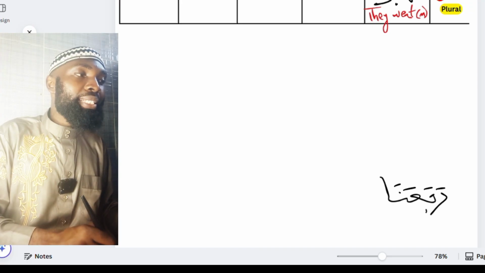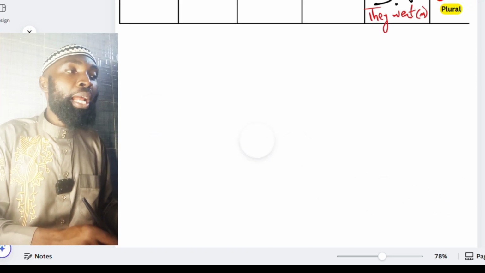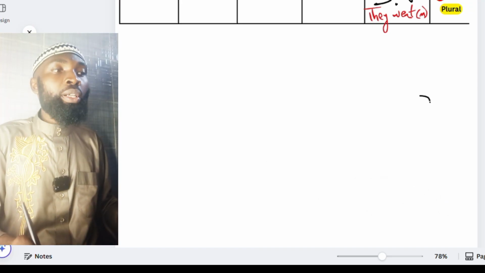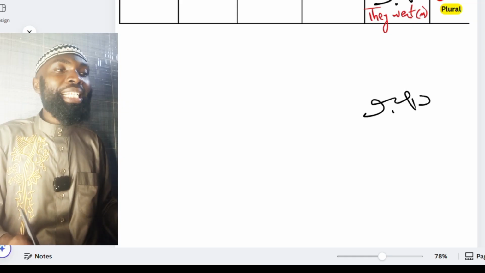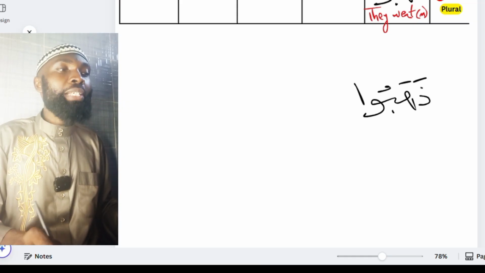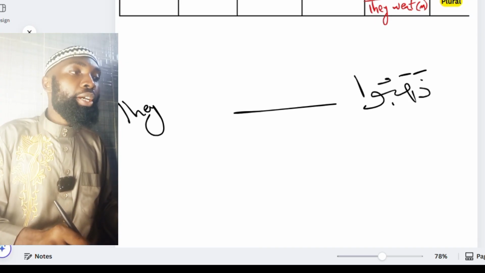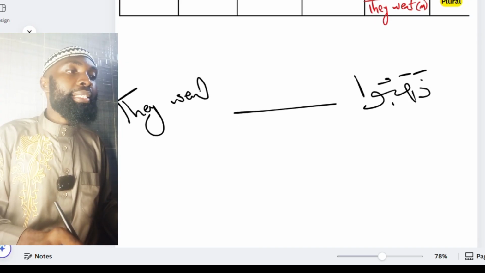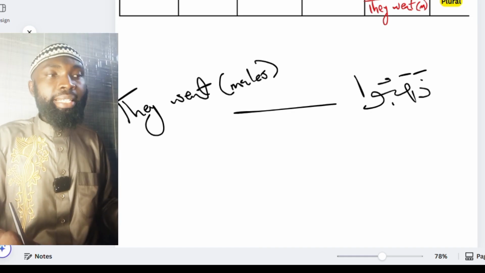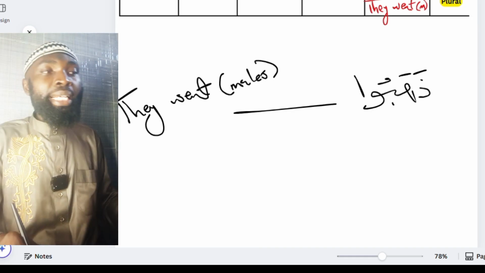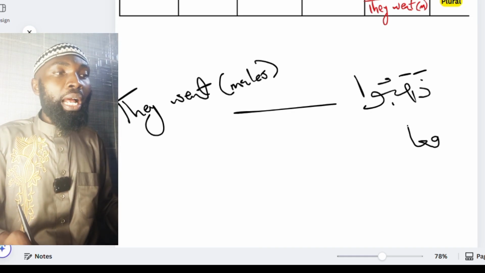Let's look at verbs that we can use to form a similar pattern. We have the word dhahabu, which means they went, that is for males, boys or men. Now, if we want to say they did, and we know the verb to be fa'ala, it will simply take the same shape and become what?